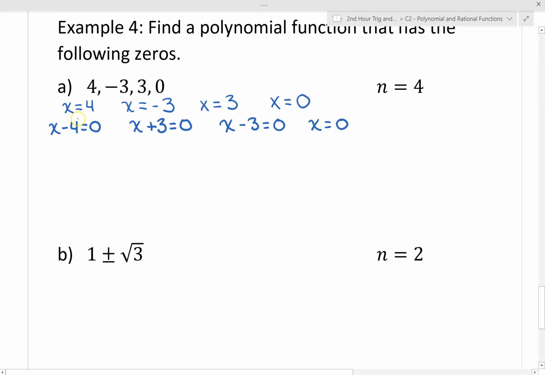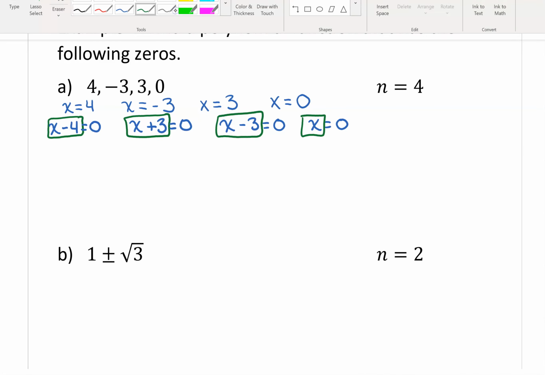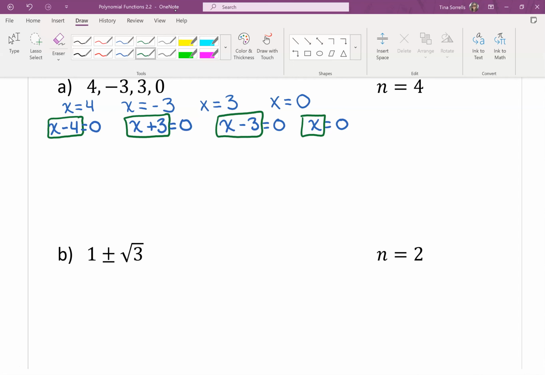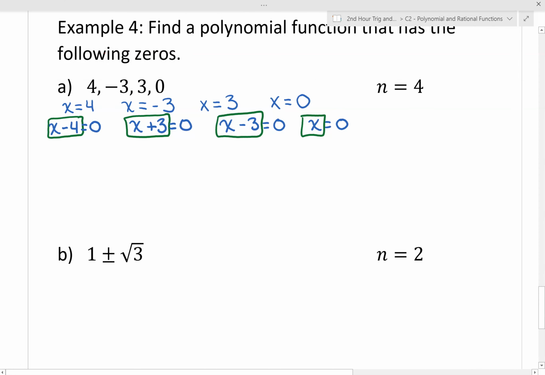Okay, so now I have changed all of these into factors. Once I have factors, I can use my distributive property and multiply these out, and I get my polynomial.